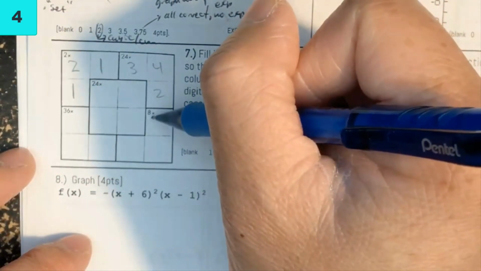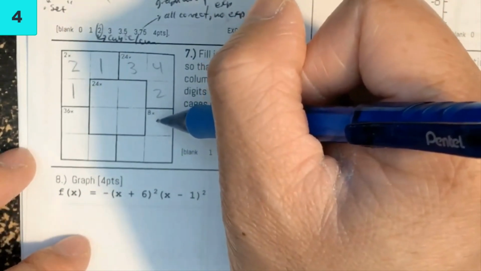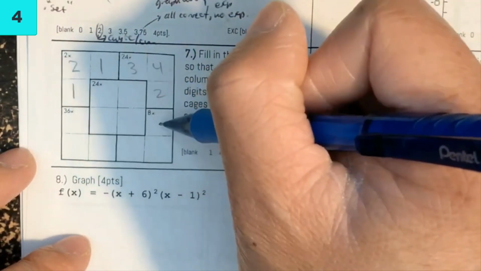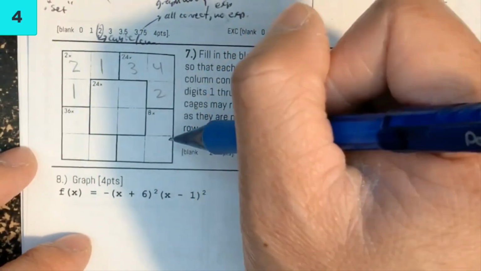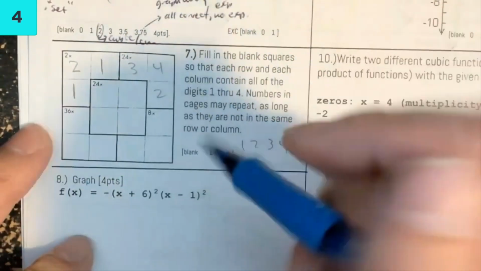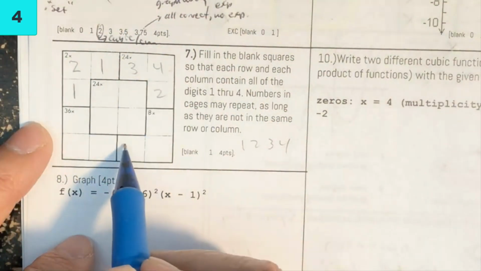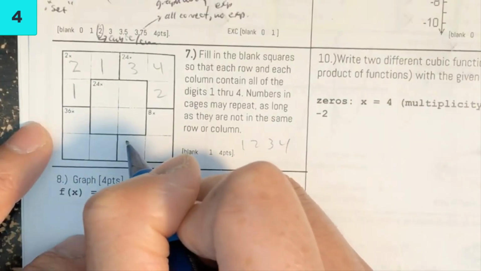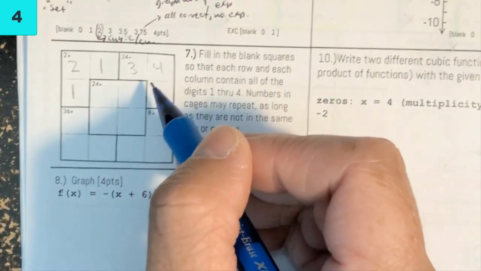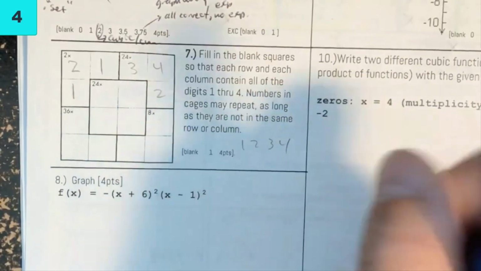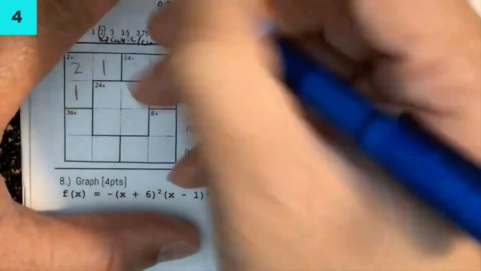3 numbers that multiply to be 8. Okay, so I can choose 2 times 2 times 2, but those are repeating numbers. So I'm thinking of 1 times 2 times 4. Now, if I put the 4, I can put the 4 over here, but that means I have to put the 1 and 2 here. So I'm going to try erasing the 4 and the 3 and just switching the orders.